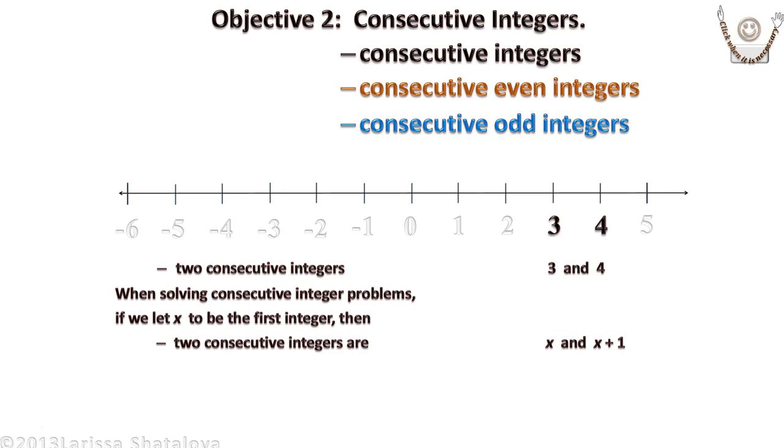And when solving consecutive integer problems, we mark the first integer as x, and then the second integer would be x + 1, because they're consecutive, the difference is just one unit.